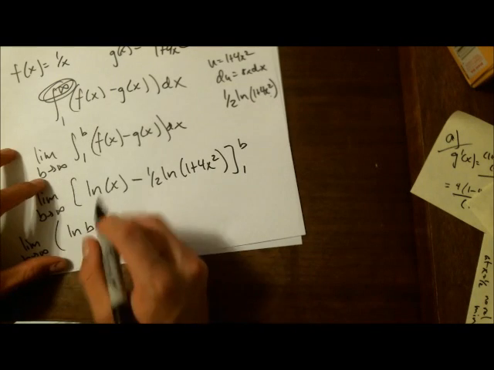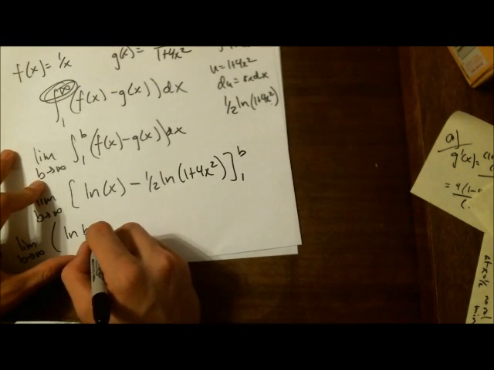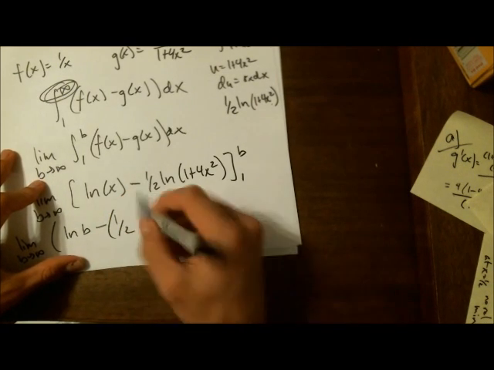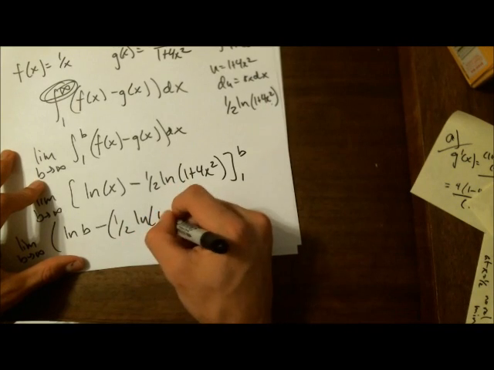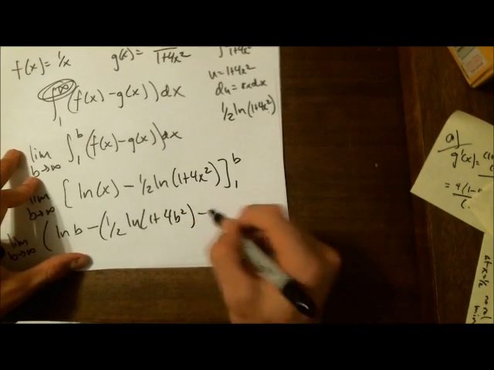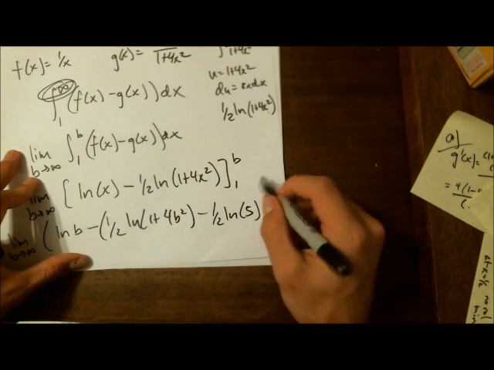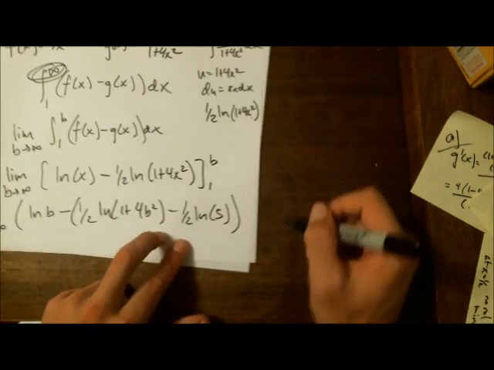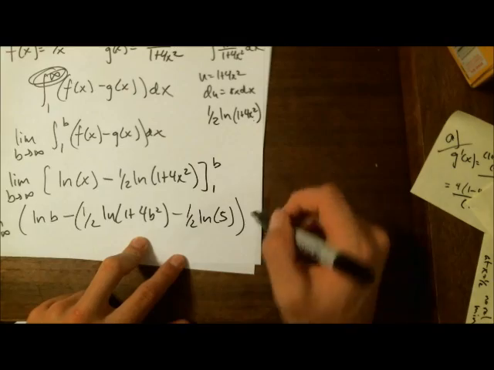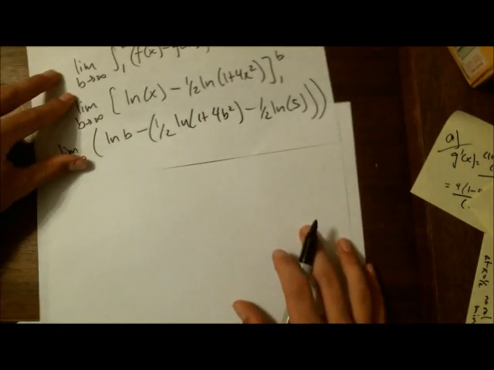So that part's done. And then we have 1/2 ln of 1 plus 4b squared, minus 1/2 ln 5 for plugging in for g. This can be simplified in many ways.